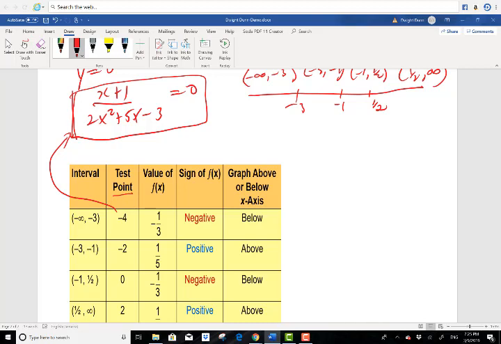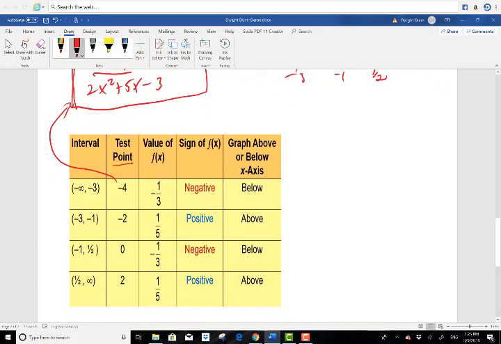Plug 0 in, the result is -1/3, which is negative, which is below. Plug 2 in, we realize that the function is going to be positive, so that's going to be above. So for these different intervals, we're going to have below, above, below, above. All right, so let's do our sketch now.